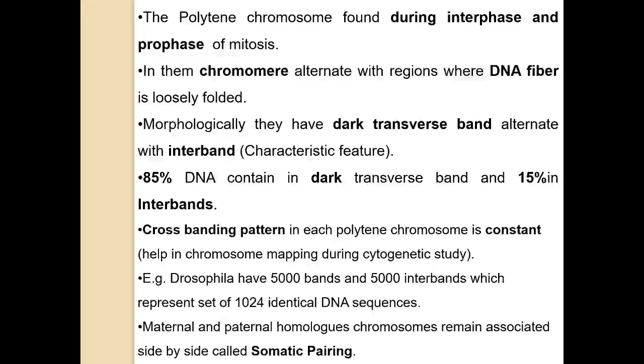For example, Drosophila has 5000 bands and 5000 interbands, which repeat a set of 1024 identical DNA sequences. The maternal and the paternal homologous chromosomes remain associated side by side, and that is called somatic pairing, which is found in this chromosome.